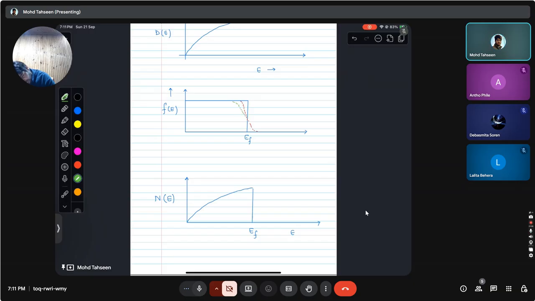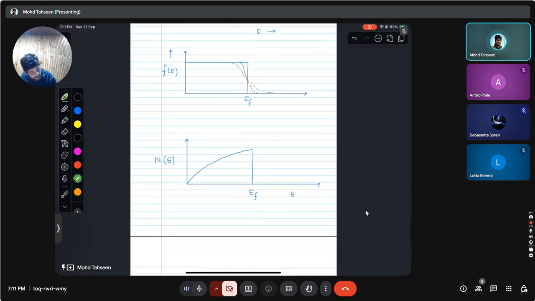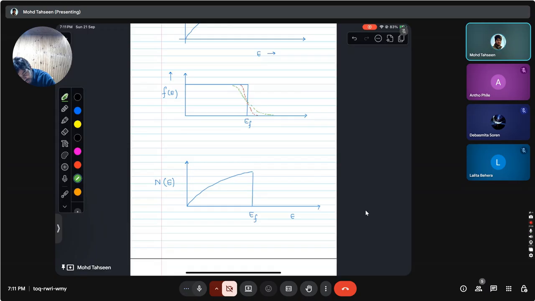Something like this, right? And then this graph, let me call it T2, where T2 is greater than T1.